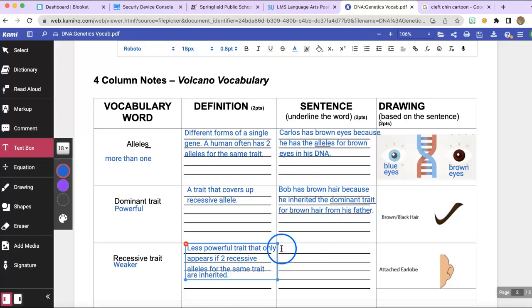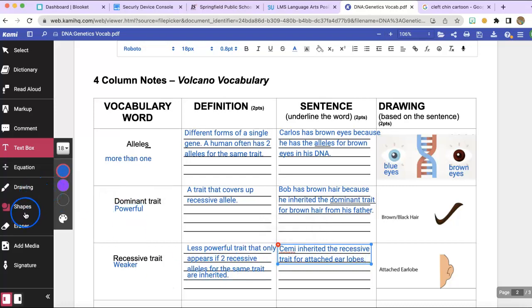All right. Go to your sentence column. Let's do another family member. Ooh, my niece. Her name is Semi. Semi inherited the recessive trait for attached ear lobes, period.